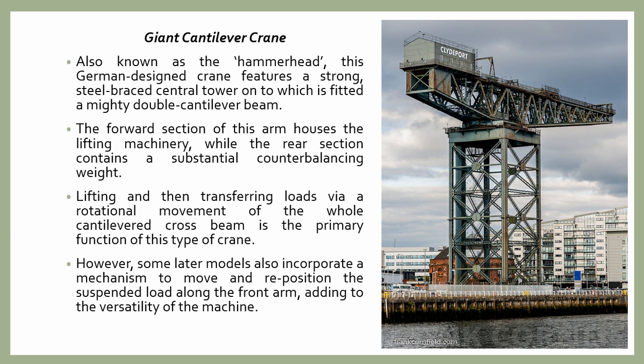The forward section of this arm houses the lifting machinery, while the rear section contains a substantial counterbalancing weight. Lifting and transferring loads via a rotational movement of the whole cantilever cross beam is the primary function of these types of crane.